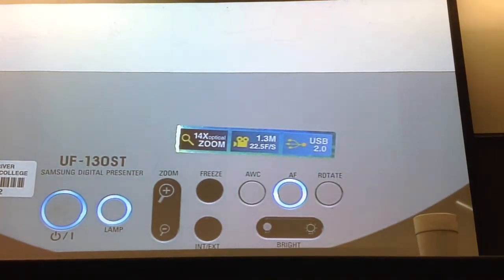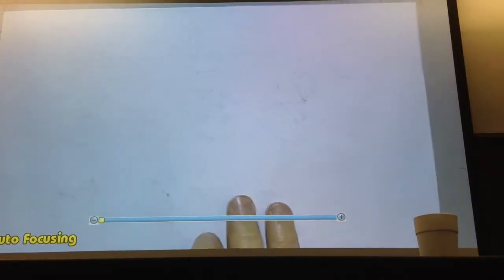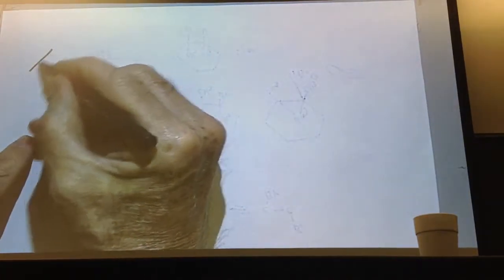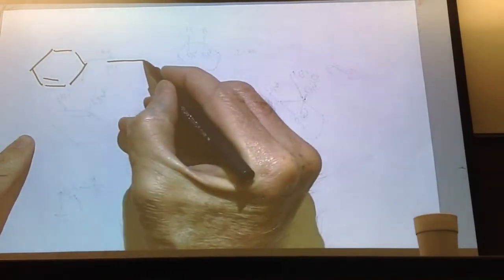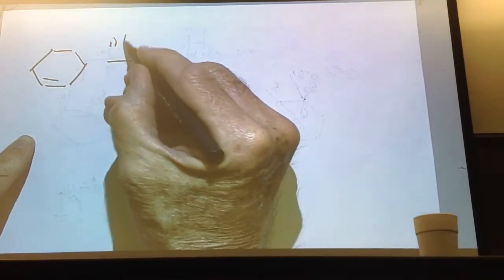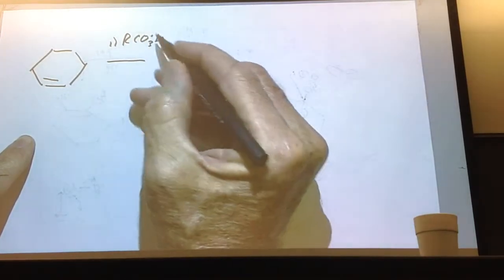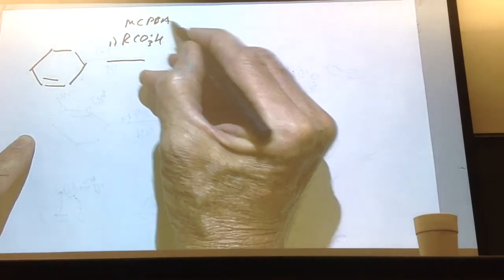Okay, so if you started with this, and you added a peroxycarboxylic acid, you might see RCO3H, you might see metachloroperoxybenzoic acid, you might see that.